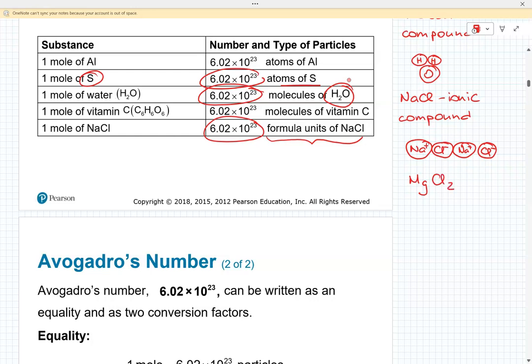Magnesium chloride. It's an ionic compound. For every magnesium atom, well, ion, there are 2 chloride ions. Does that make sense? But there's going to be another magnesium and other 2 chlorides, and so on and so forth.